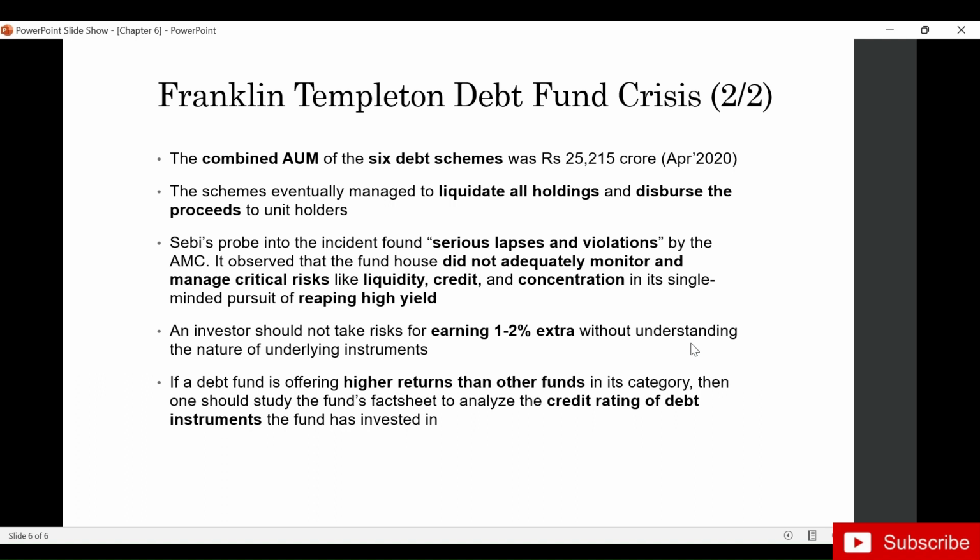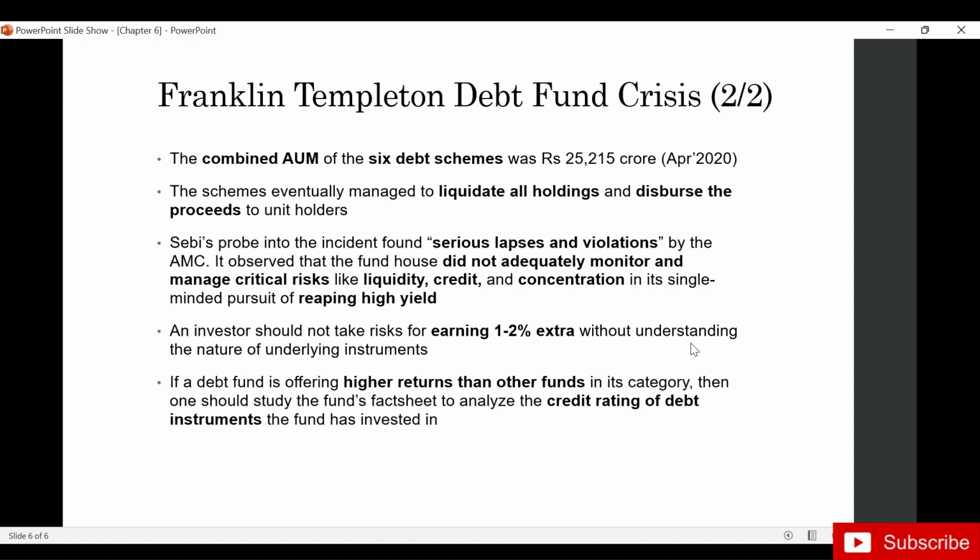SEBI did probe the incident and it found serious lapses and violations by the AMC. SEBI observed that Franklin Templeton did not adequately monitor and manage critical risks such as credit risk, liquidity risk, and concentration risk because it was single mindedly pursuing the aim of reaping high returns.